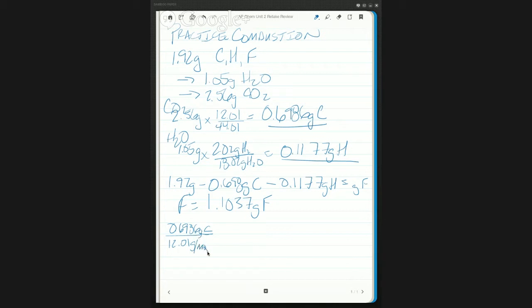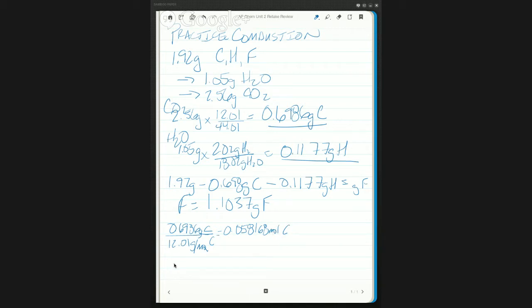That's 0.6986 divided by 12.01, and I end up with 0.058168 moles of carbon. I went overboard, but it'll be fine.